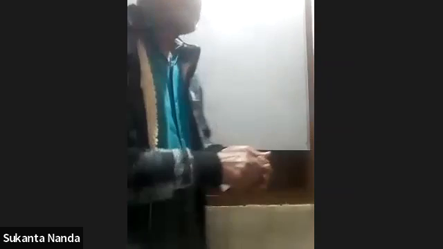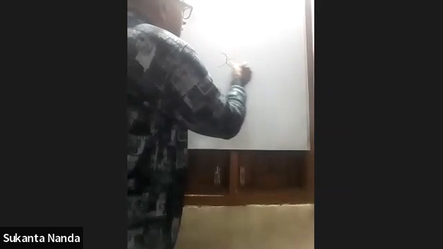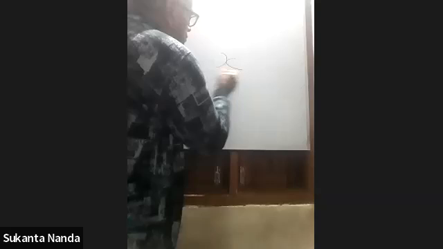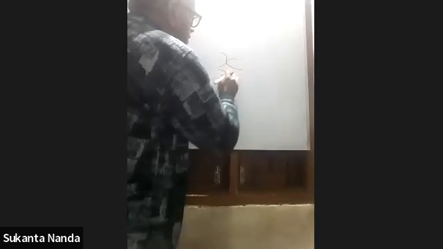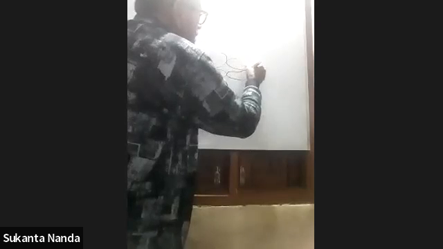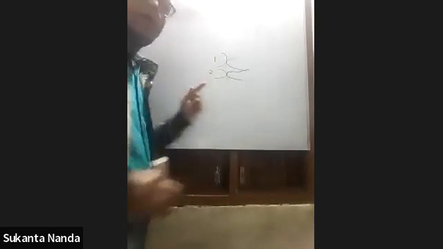See what happens here, I'm just drawing. This is a chromosome, and this is another chromosome of the pair. It is a homologous chromosome. This is chromosome number 1, this is chromosome number 2.